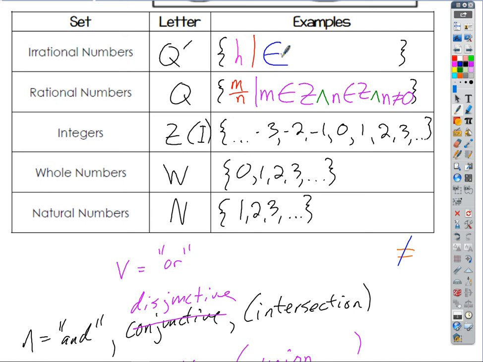It's not an equal sign, it's not an element of them, right? You want to say not an element of, so we'll do that. It's not an element of what? Q, right?